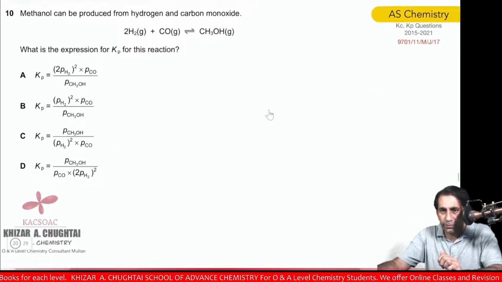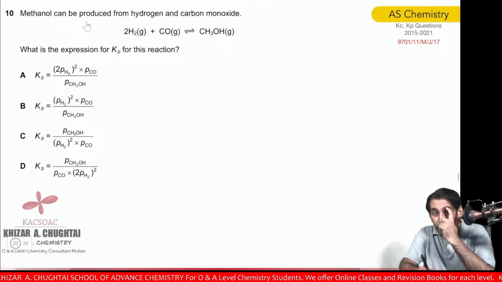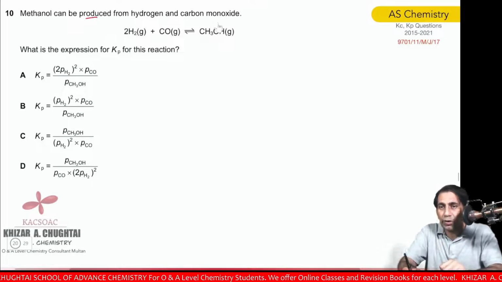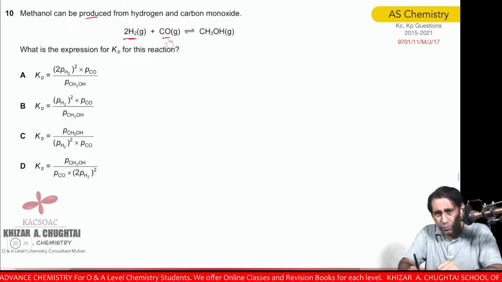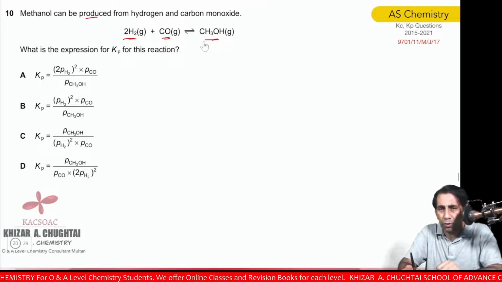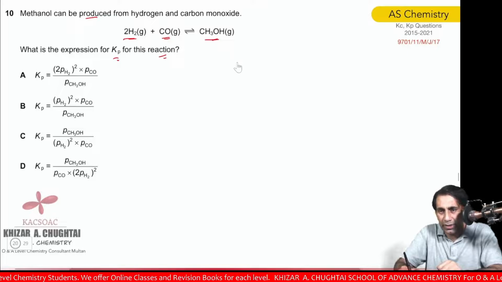Next question. Methanol can be produced from hydrogen and carbon monoxide. 2 mole of H2 plus CO goes to methanol. What is the expression of Kp for this reaction? Once again, a simple question.